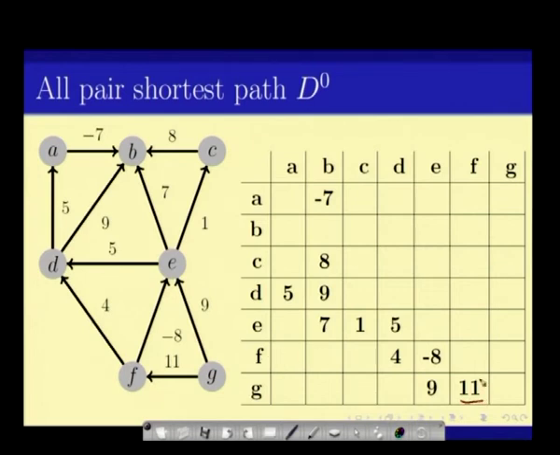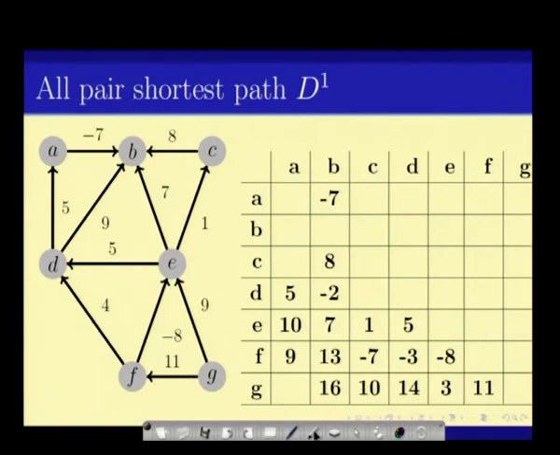So, F to E rather is minus 8. Combining these two, I can get that the path from G to E using 2 steps is 11 plus minus 8, which is 3. This way I can define D1, the shortest path length between any two vertices using 2 to the power 1, which is 2 edges.